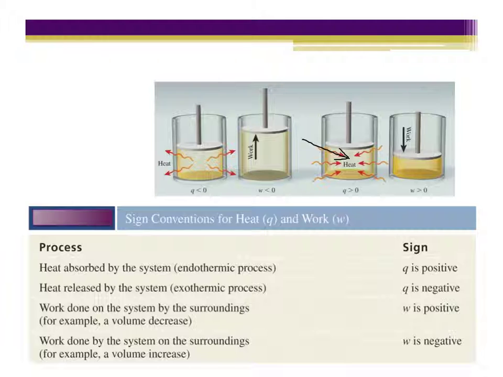On the other hand, if the system is pushing out against this imaginary weight in a frictionless piston, then work is being done on the surroundings by the system, and therefore work in that case is negative.